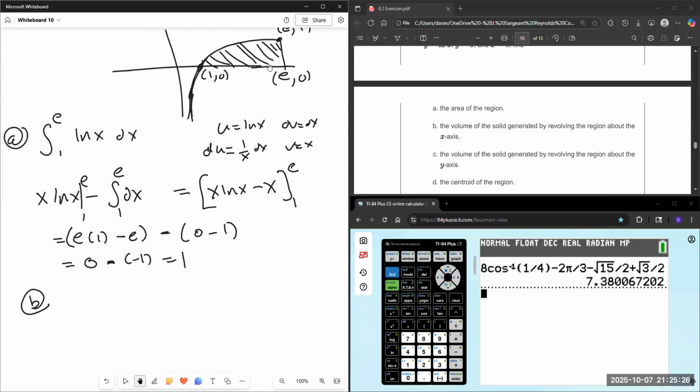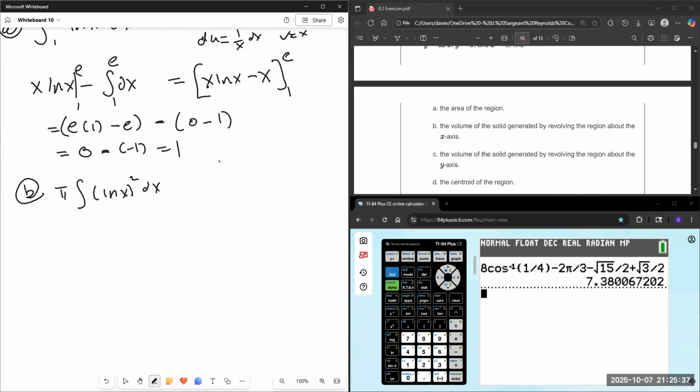So that's going to be a disk method, pi r squared, and that's going to be u is ln of x squared, dv is dx, du is 2 ln of x times 1 over x, and v is equal to x.